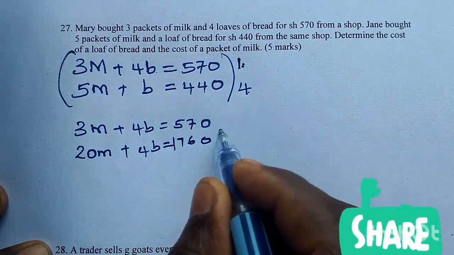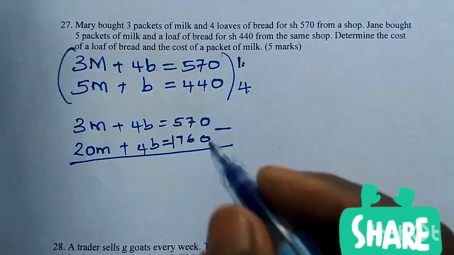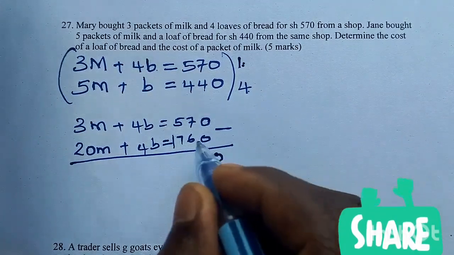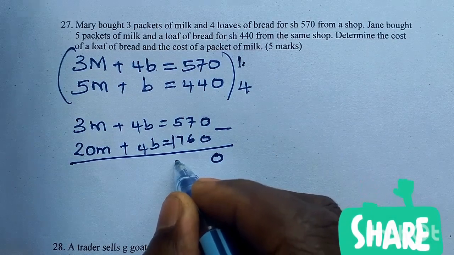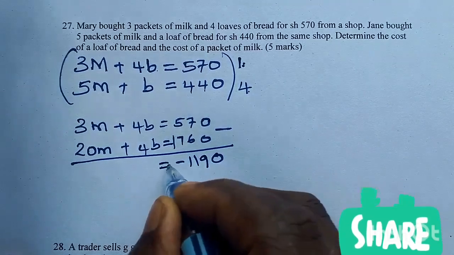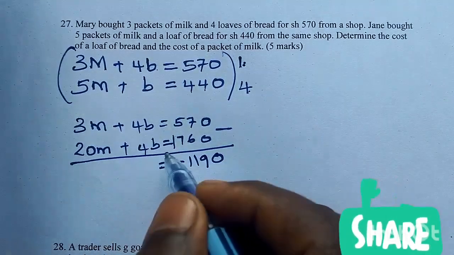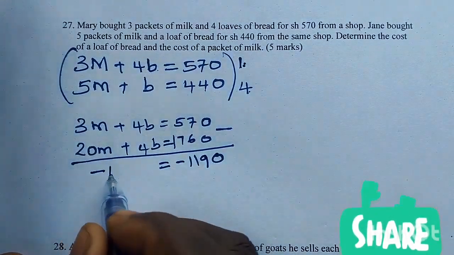Because we want to eliminate B, we subtract. You use a calculator, you subtract that, you get negative 1190. 4B minus 4B is 0. So 3M minus 20M, the answer is negative 17M.